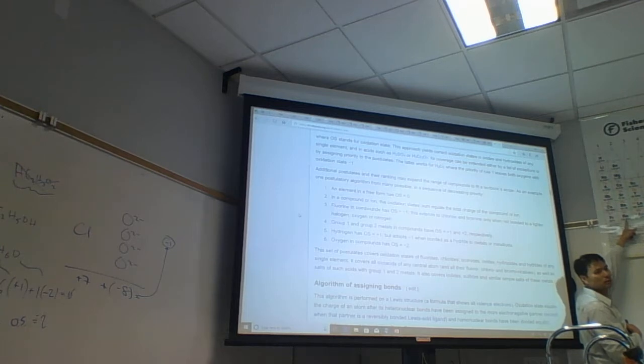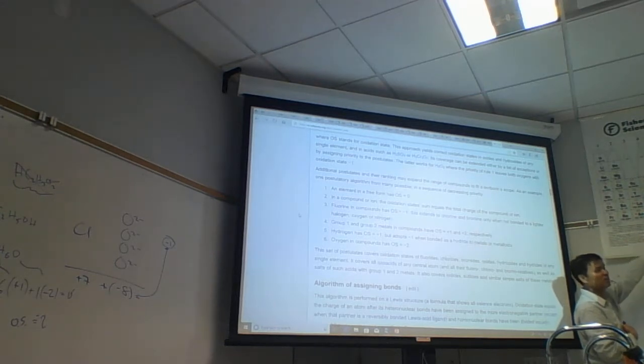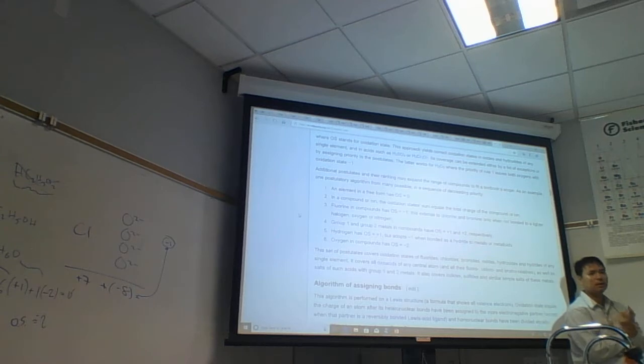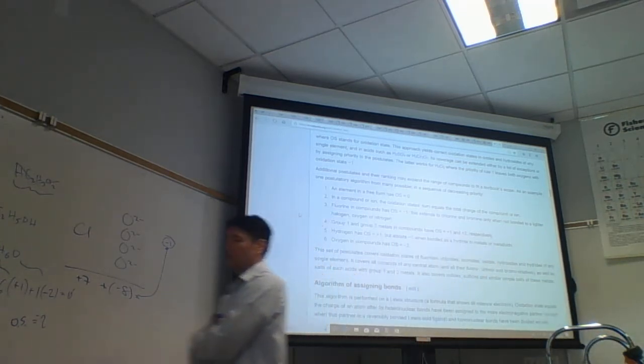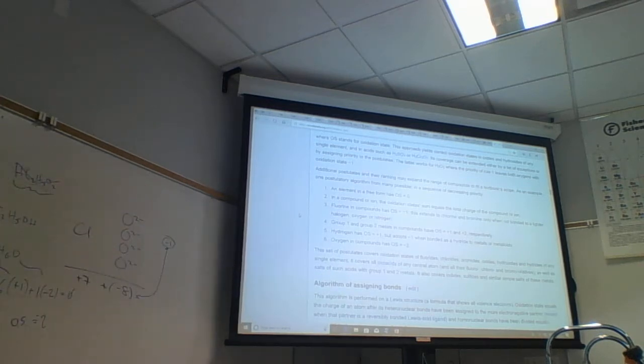Group 2, +2. Aluminum, +3. About everything else is variable charge. Even chlorine. Chlorine is -1, but we see it as +7. Is oxygen fixed? No, oxygen is not fixed. I'll show you what we see oxygen as here. We see oxygen as what in peroxide?